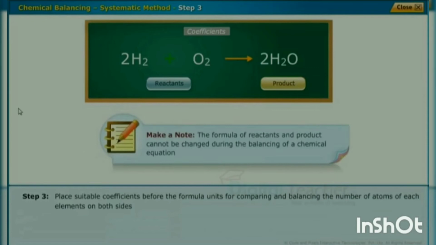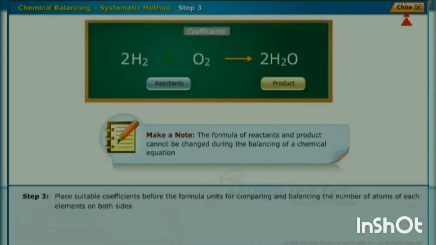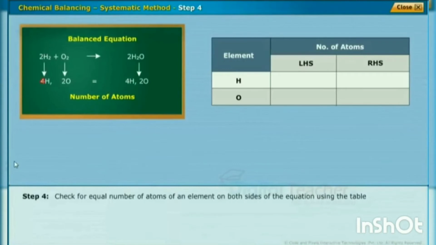It is very important to note that the formula of a reactant and product cannot be changed during balancing of the chemical equation. Once we are done with adding the coefficient, we need to check the number of atoms of elements on both sides of the equation using this table.